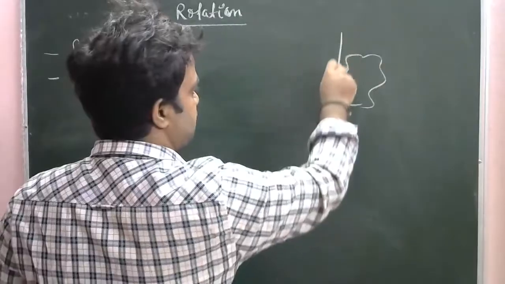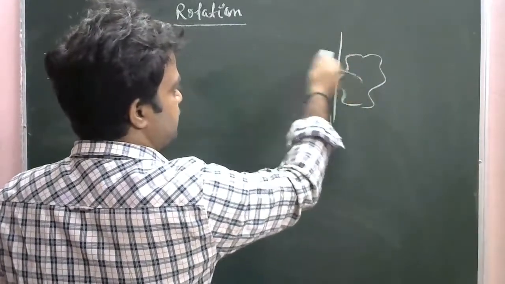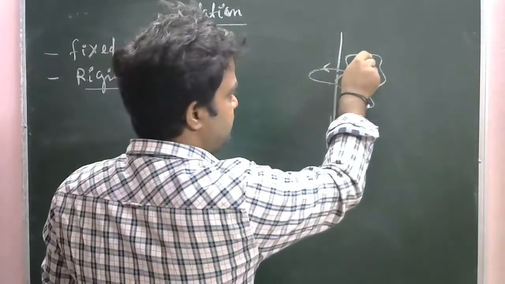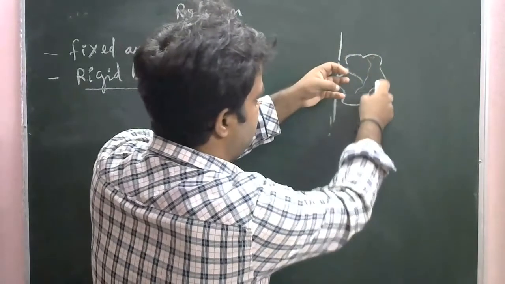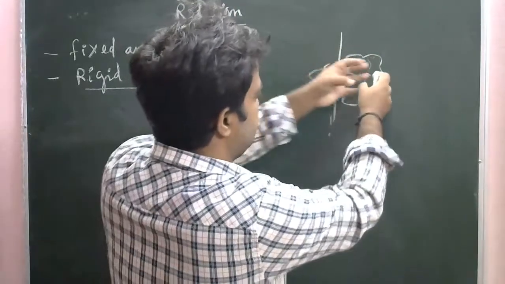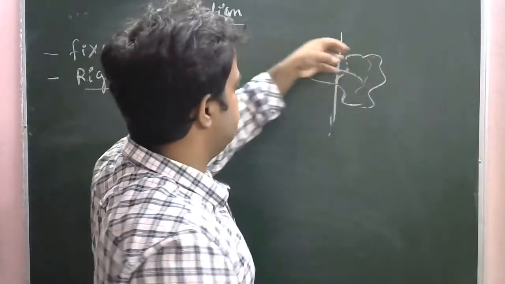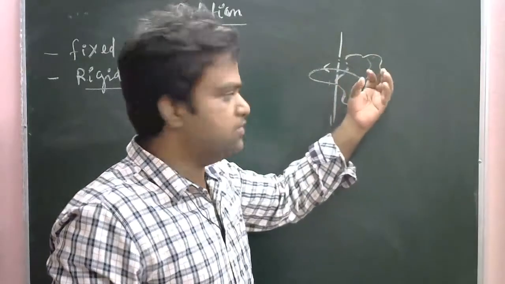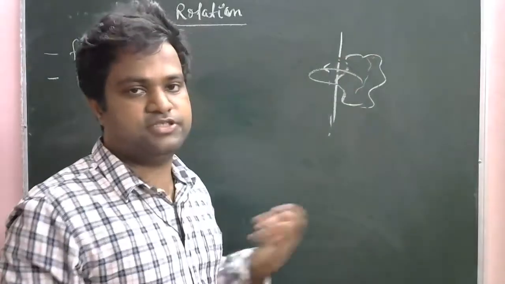This object is rotating about this axis. Now suppose some part of this object is stretchable, some part will move first, and another part will stay here and move slower. Or they are gas, some part of the gas will move, and other parts will be at the back side and move slower. So no, this is not a rigid body.